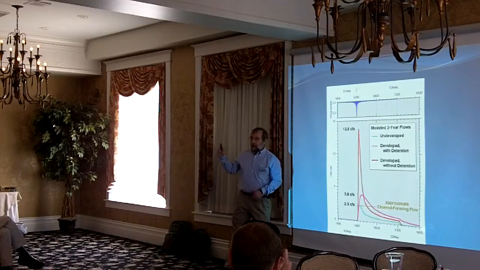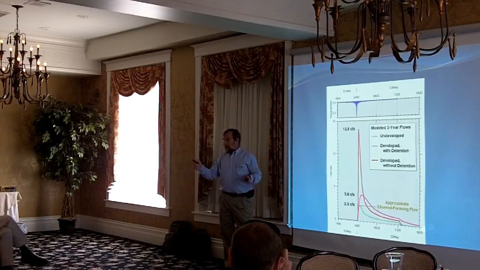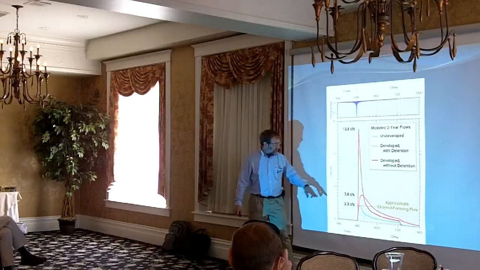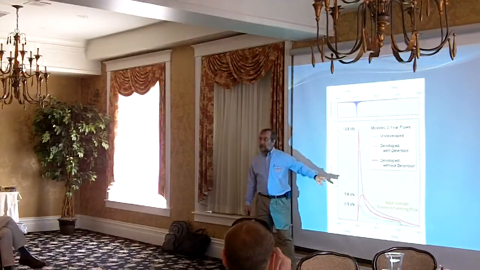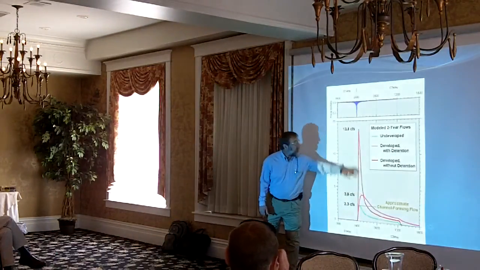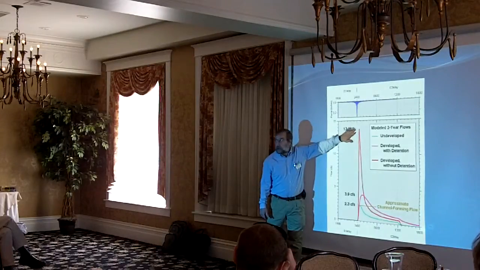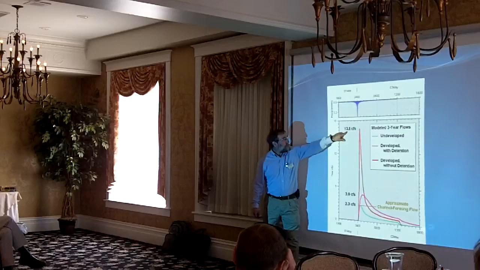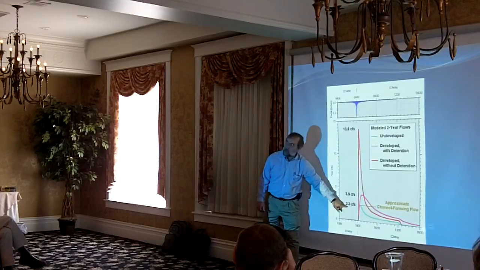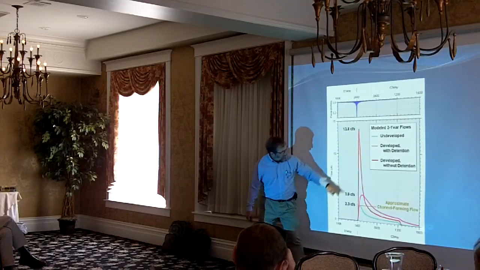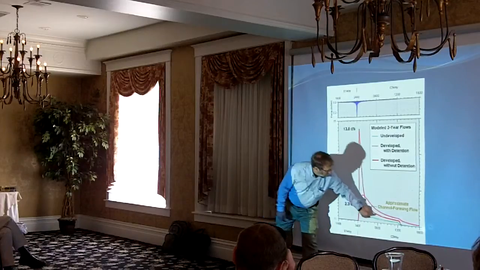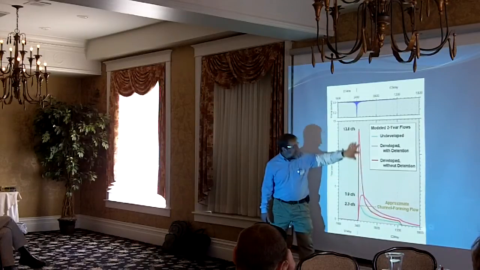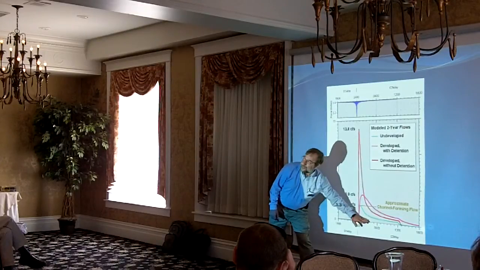So the thing we started doing that I talked about was put in those extended detention. And for whatever reason, in this example, without extended detention, without any control, this is the response you get. A huge 13.8 CFS versus 2.3 CFS. And if you look, all the area under this red curve is the additional volume that was added.